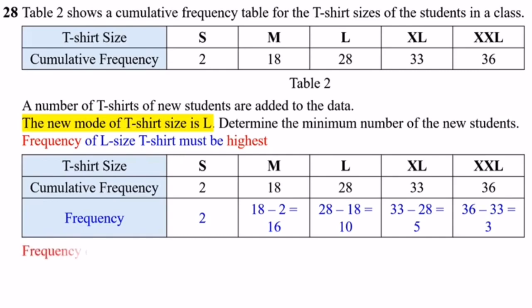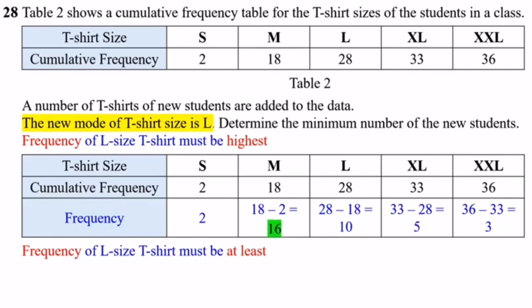Okay, so now you look at the frequency of the L size t-shirt. It's just 10 only. So how can the L become the new mode of t-shirt? That means we need to increase the 10 to at least higher than the highest, which was 16.